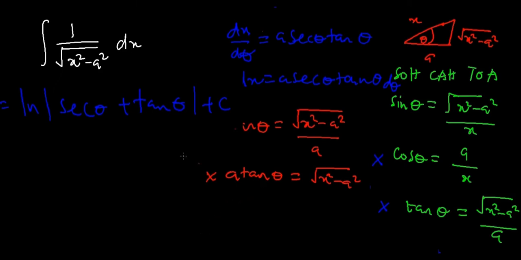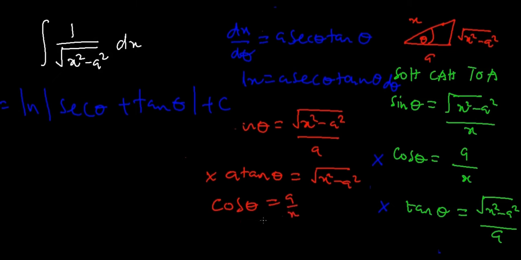Already you know that tan θ equals the square root of x squared minus a squared over a, so that is already sorted out. But let's look at sec θ. How can you get sec θ? For us to get sec θ, let's look at cosine of θ. You know that cosine θ equals a over x, right?